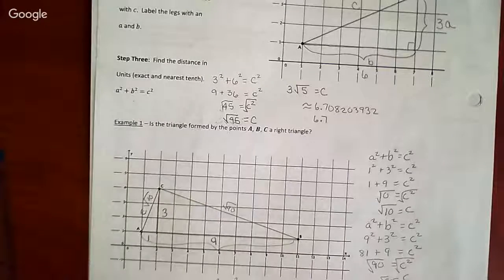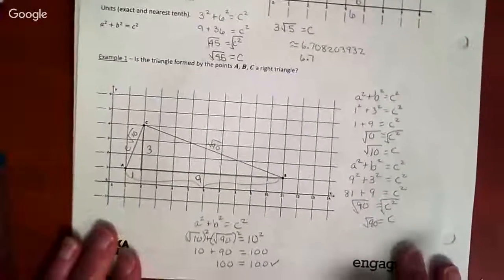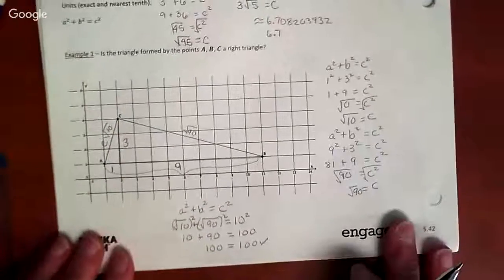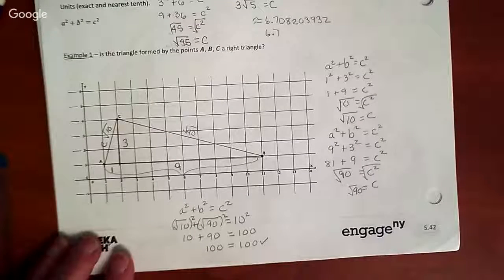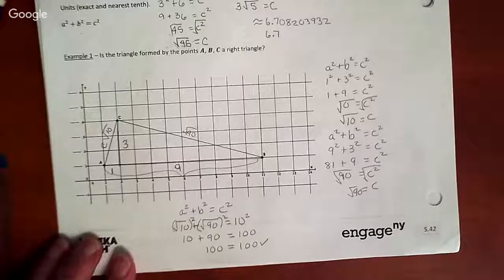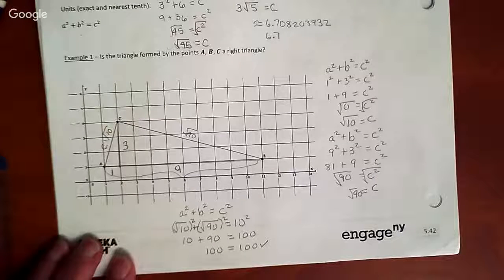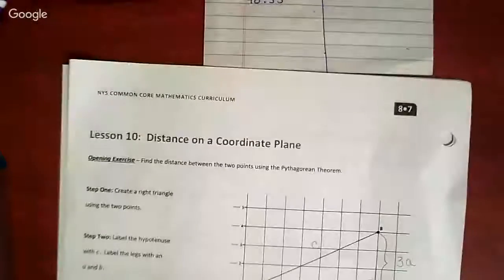And yes, that is a right triangle, though it may not look it. And actually, if you move it, you would be able to tell that it is a right triangle at one point.